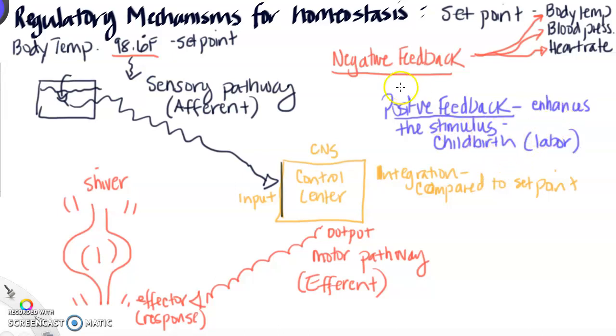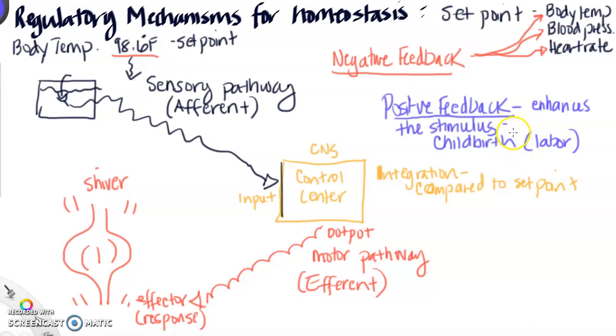So the stimulus in childbirth or labor is where the child's head starts to press and push on the cervix of mom. And when the head presses on that cervix, it causes the cervix to stretch.